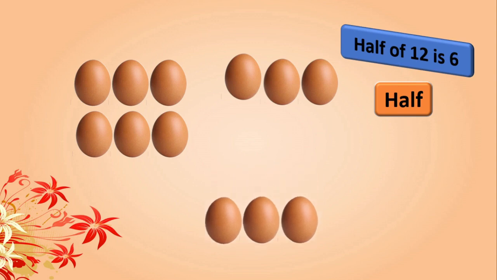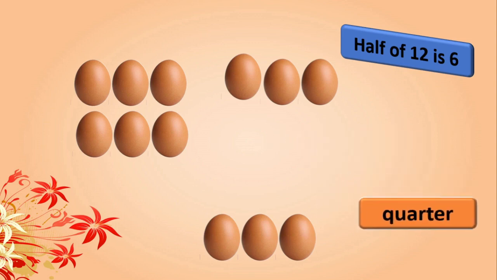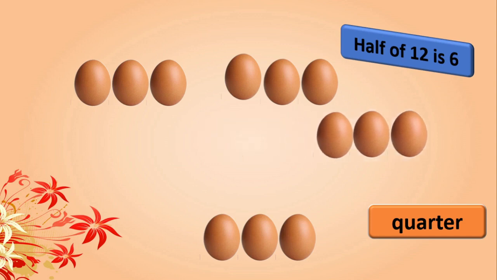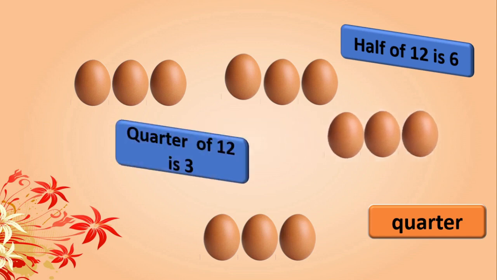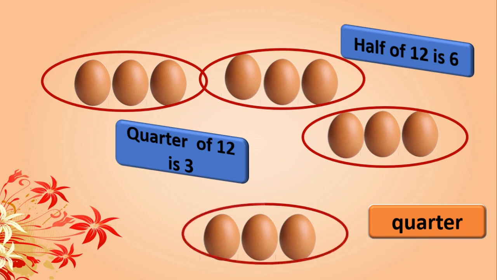Yes. Come on, tell me, 3. Very good. Half of 6 is 3. So this is nothing but the quarter portion of this whole. Whole is here 12. Correct? Now this is 1 quarter. This is second quarter. Correct? Now see here first quarter, second quarter, third quarter and fourth quarter. Means here also we got 4 quarters from a whole.